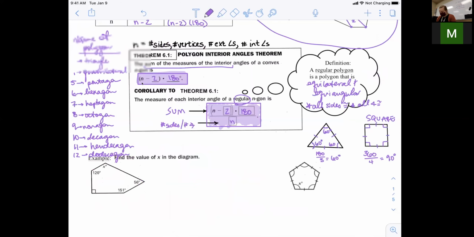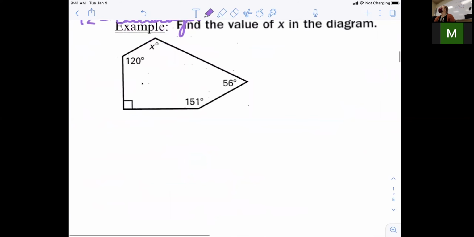All right, let's do some problems. Let's look at this problem. What shape is this? Pentagon, because it has how many sides? 5. How would I find X if this was a triangle?